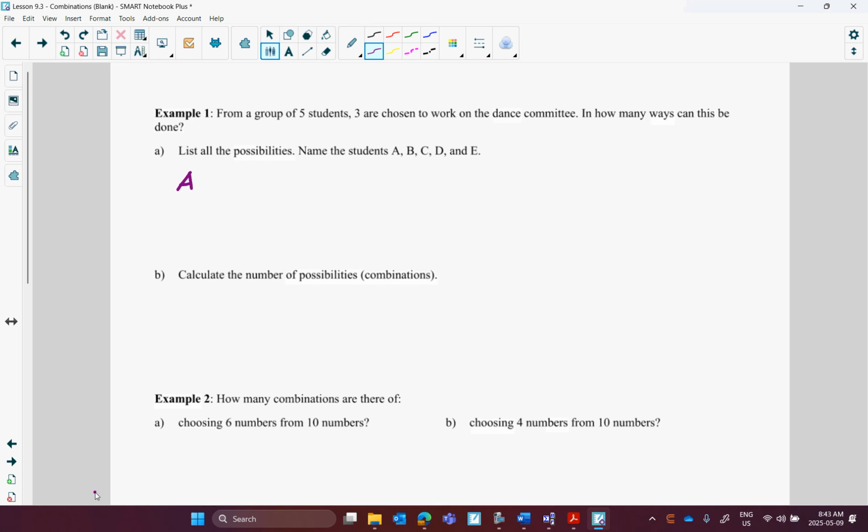So I could have A, B, C. I could have A, B, D. I could have A, B, E. There are no other ones that begin with A, B, so there are ones that begin with A but don't have B in the middle, and that's A, C, E, and A, D, E.